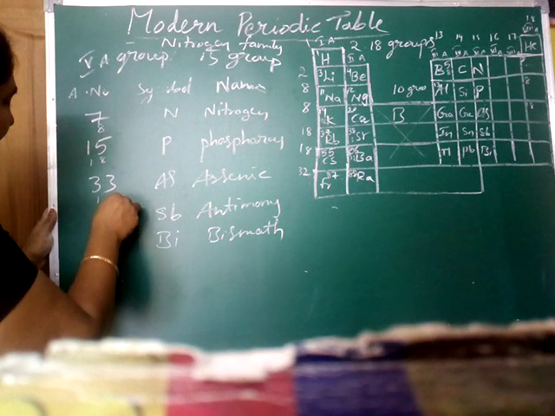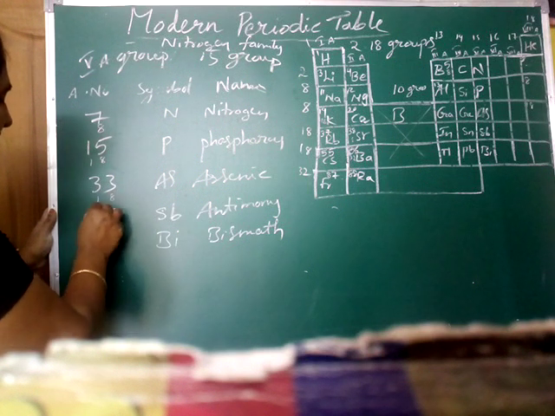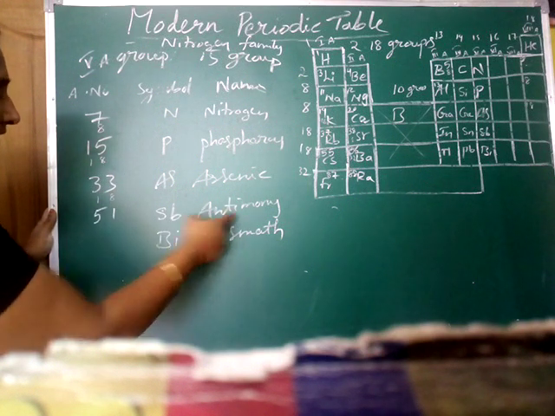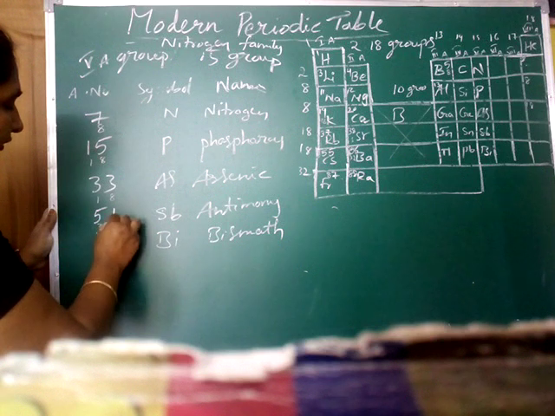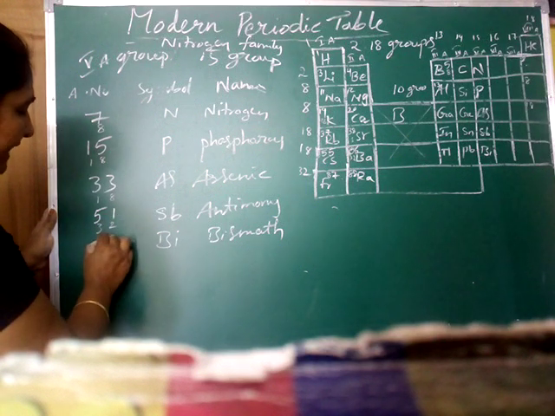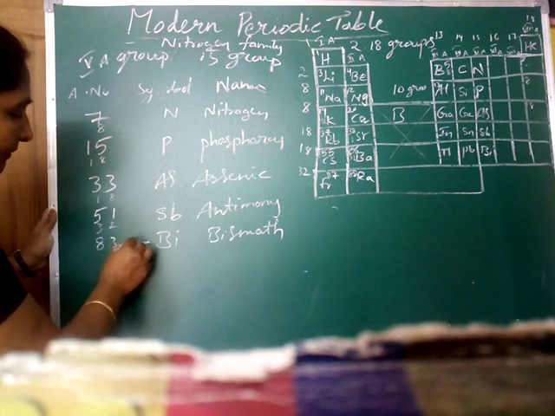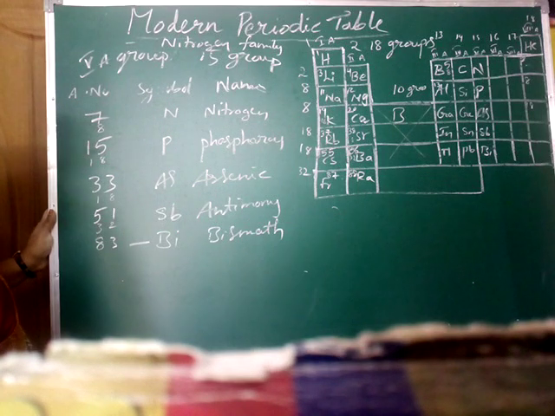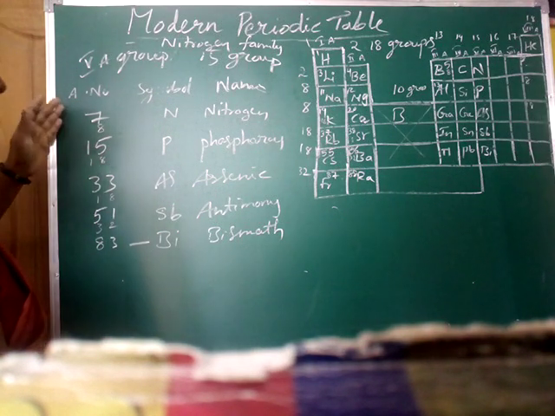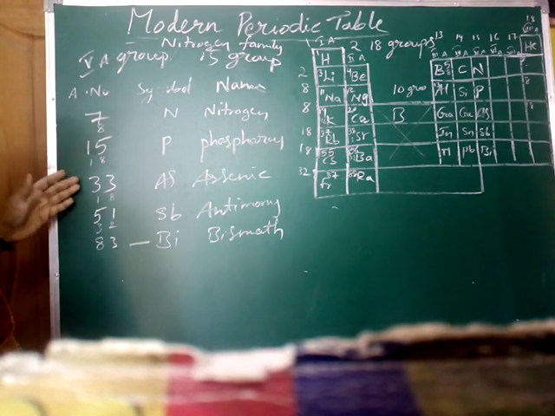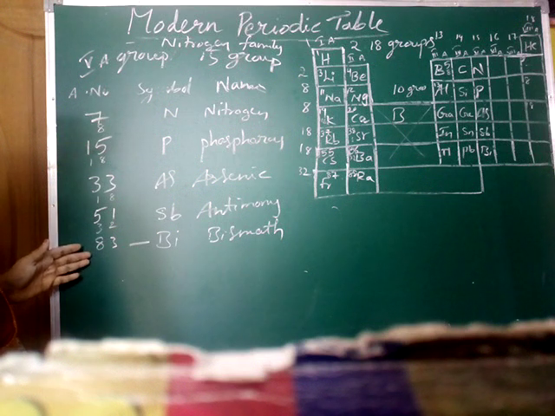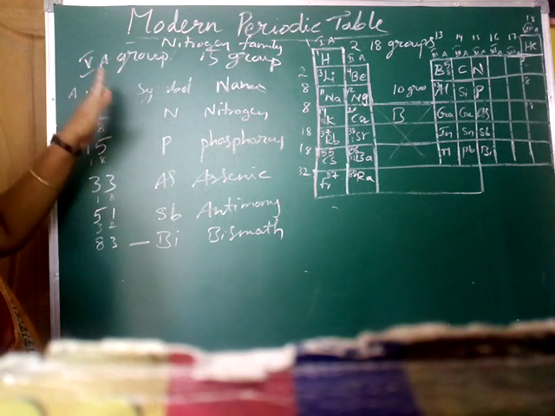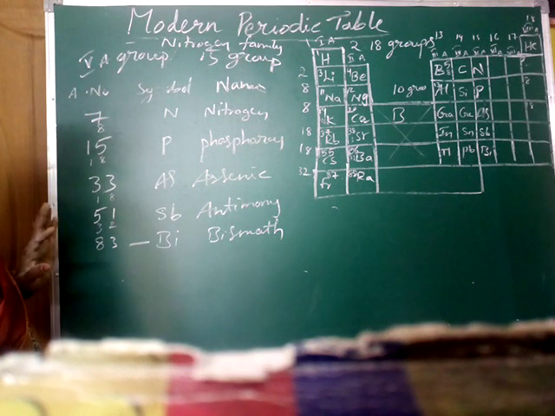We will get 51, the antimony atomic number. Then after we have to add 32, we will get 83, the atomic number of bismuth. Okay, do you understand about this one? 7, 15, 33, 51 and 83 are the atomic numbers of the nitrogen family.